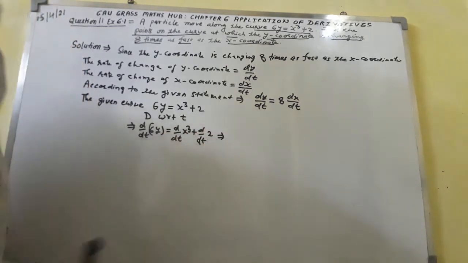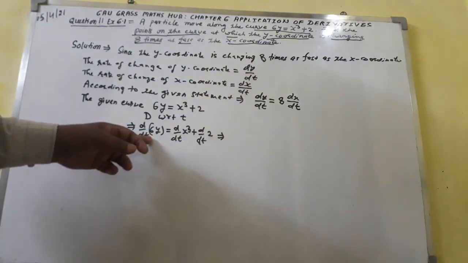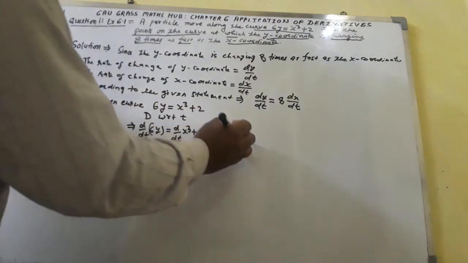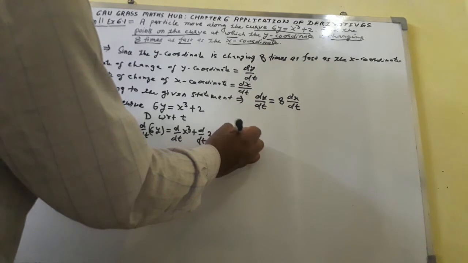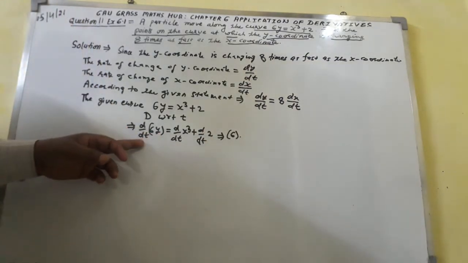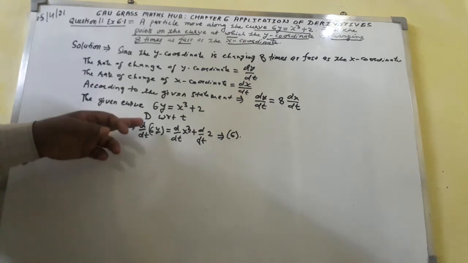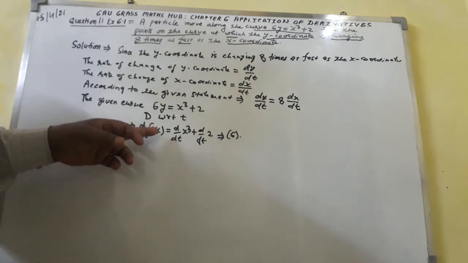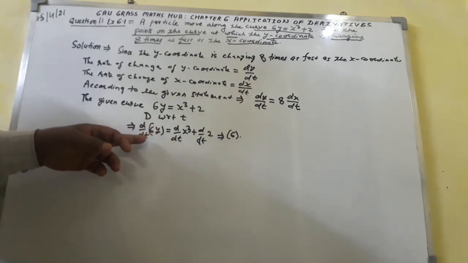Here 6 is a constant, so 6 will be pulled out, and the inner function is y, and in the denominator t is available. D will be conjugated with y, which comes out to be dy over dt.